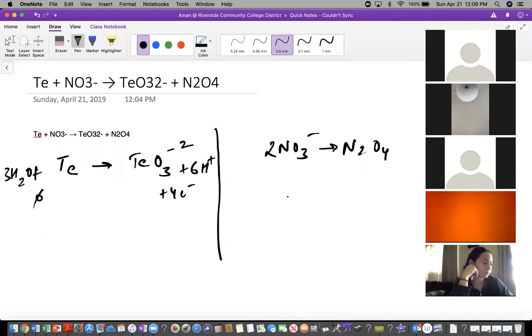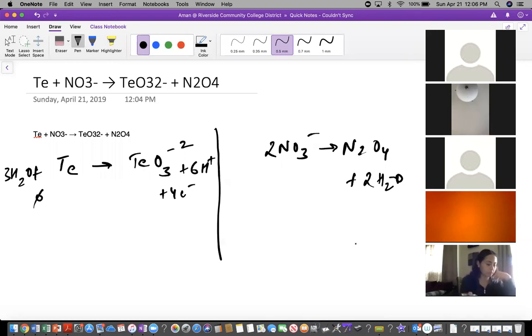And then what did you do for oxygen? I added 1 water. Not 1 water. If you put 2 here, you got 6 oxygens, right? And here you have 4 oxygens. So how many waters should I add on this side? 2 waters, right? Did you do that? No, I think that's what I was doing wrong. So that's what you've got to fix.